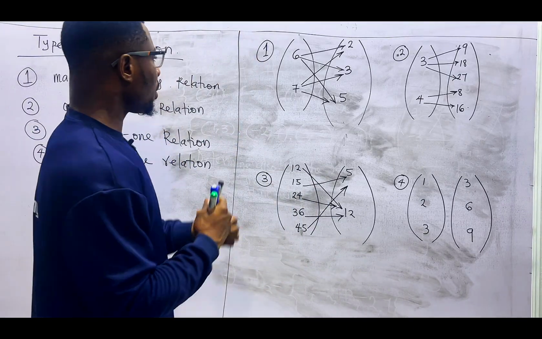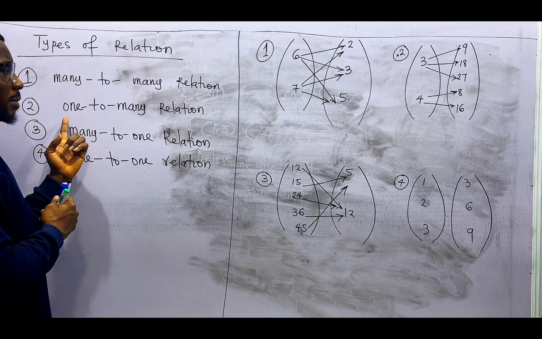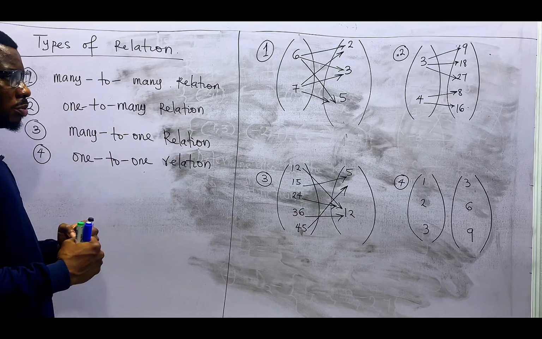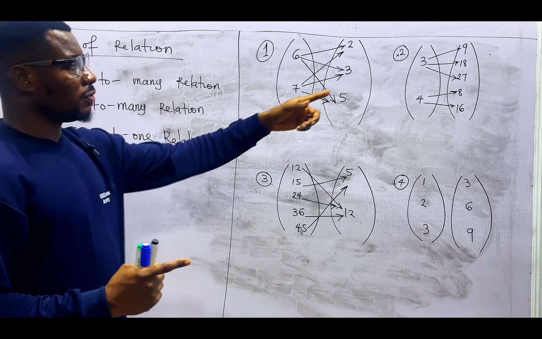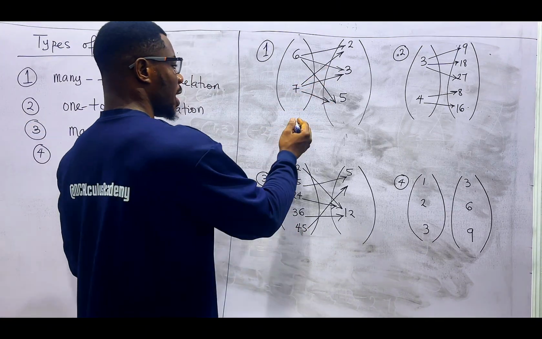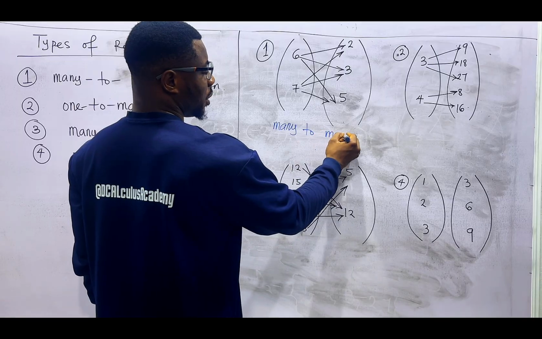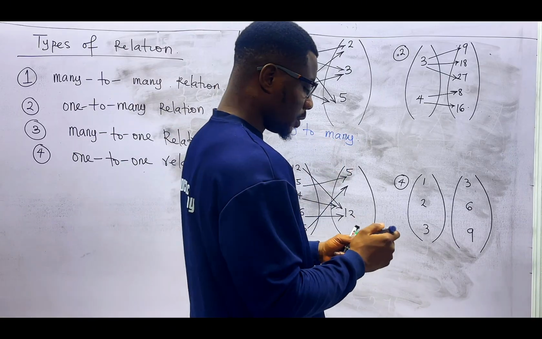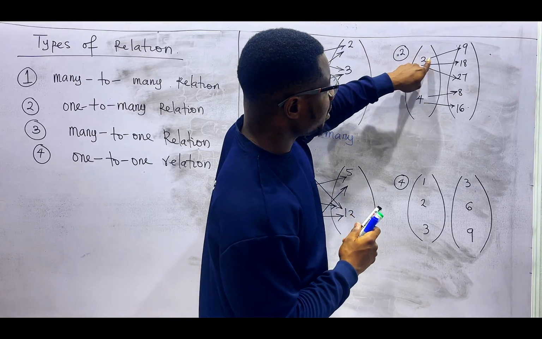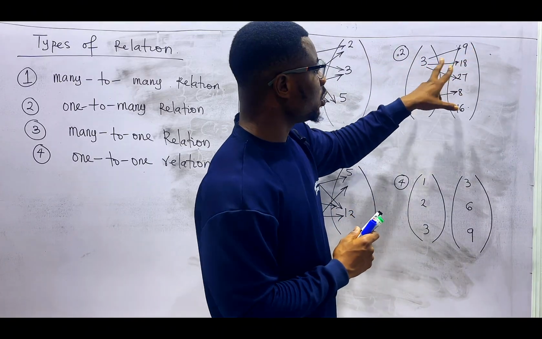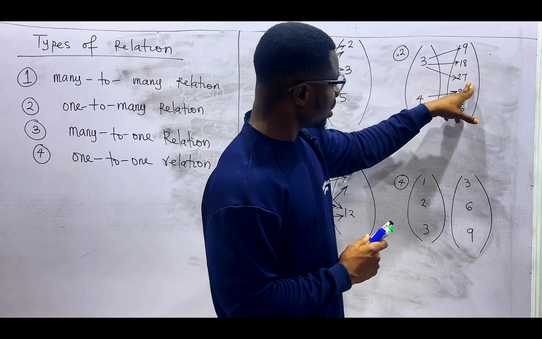How about the second one that says one to many? One to many means one element in your domain is related to several elements in the codomain. You can see that one element in the domain is related to several elements in the codomain, which means 3 relates to 9, 3 relates to 18, 3 relates to 27.